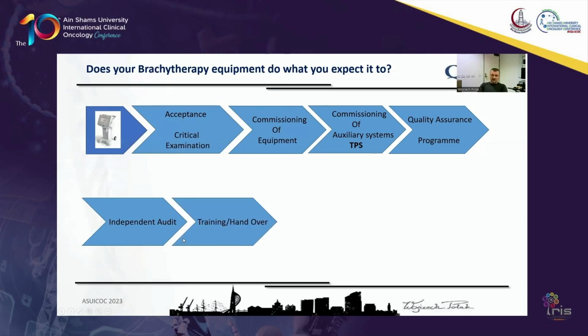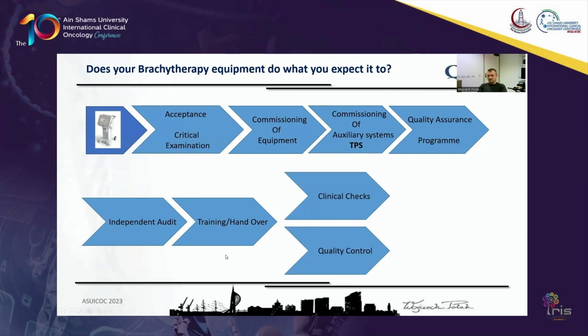Then we obviously need to train the clinical staff, technologists, technicians, radiographers, clinicians, anyone who's going to use the equipment, and hand over the equipment to them. And then obviously, when we're using the equipment, we have to have clinical checks in place. So basically test ongoing plans and ongoing treatments, that there's no malfunction of the equipment during the treatment, or everything is in order when we actually do treat the patient.